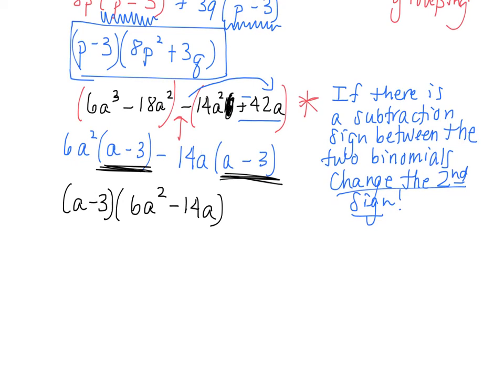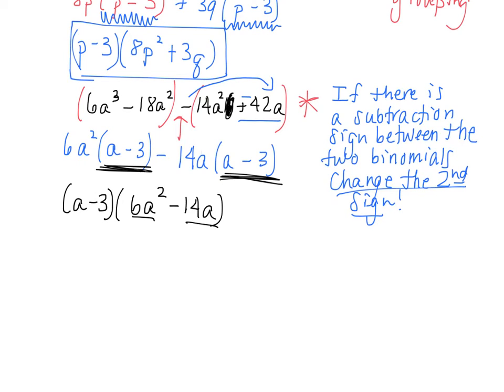But here's our biggest problem. Look at this guy. We did not look for our GCF in the original problem, so this is actually a wrong answer because we did not pull out the GCF right away. But we can do it now because I noticed that there is a GCF. So our GCF, looking here, I can see that I can pull out a 2 and an a.